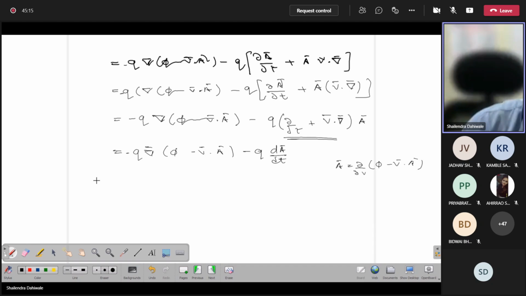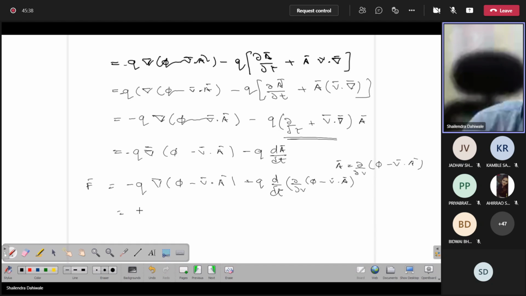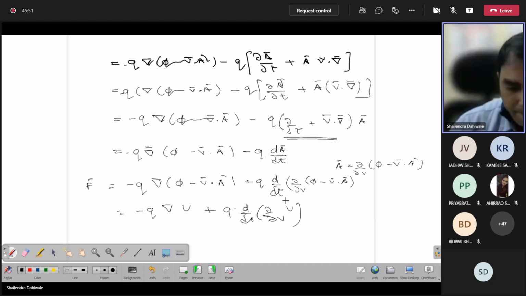In final form you can write this F as minus q del of phi minus v dot A plus q into d/dt of del del v of phi minus v dot A.